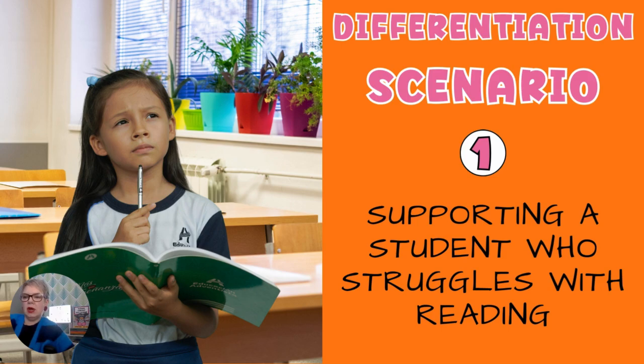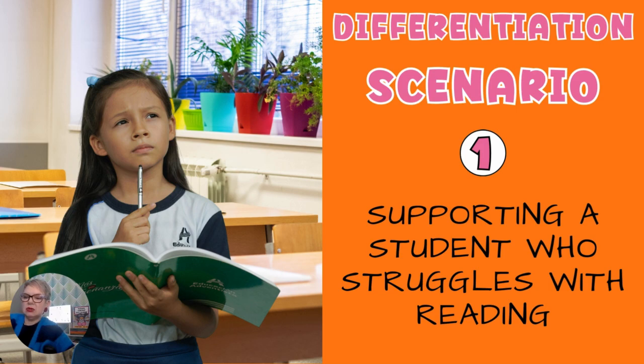Differentiation scenario 1, supporting a student who struggles with reading in a whole class lesson. The challenge. The teacher is leading a shared reading session, but one student is struggling to keep up and is losing confidence. TA differentiation strategies. Whisper support.